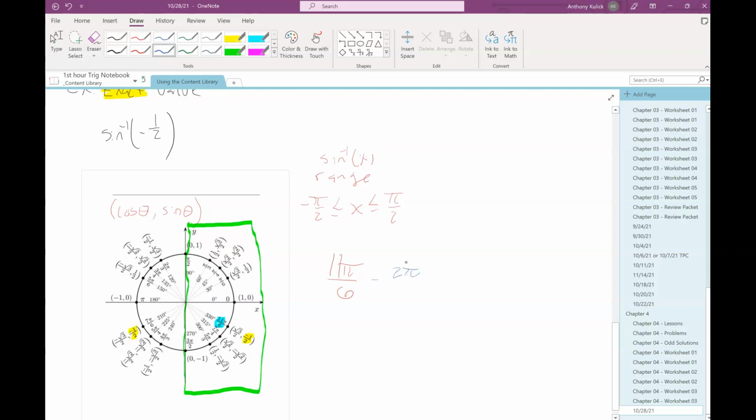Now, to add or subtract fractions, what do we need to have? A common denominator. In this case, where we have 11 pi over 6 minus 2 pi, the common denominator would be 6. So I'm going to think of 2 pi as 2 pi over 1, multiply it by 6 over 6.